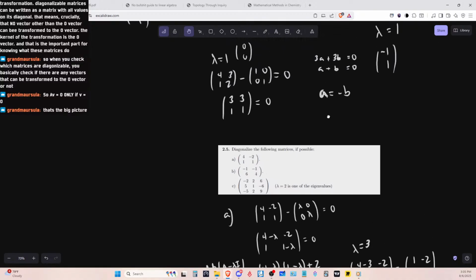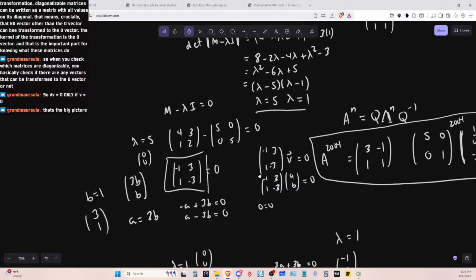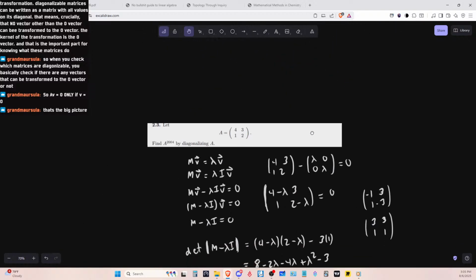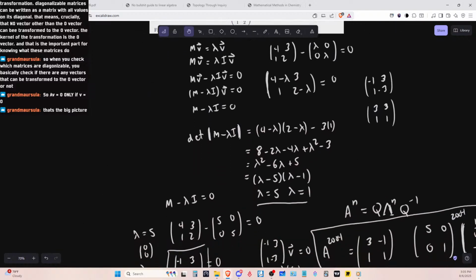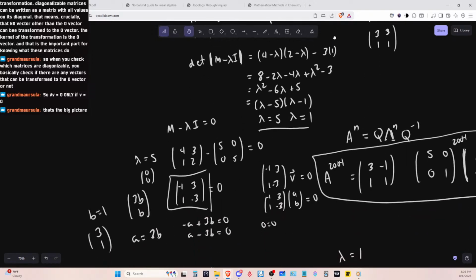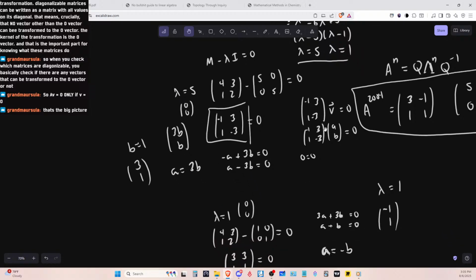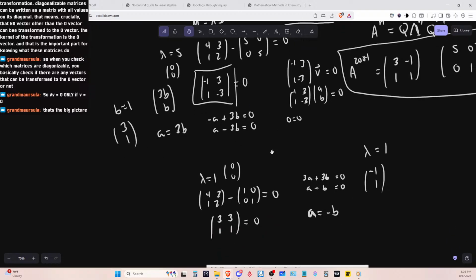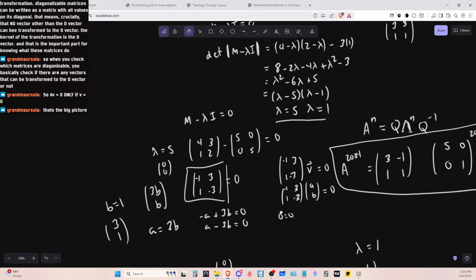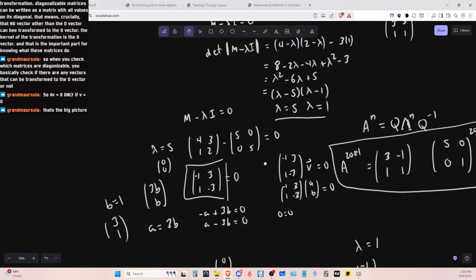I know it was here somewhere. Not this one. Oh yeah, this one. This one basically had a lot of terms that crossed out, and I couldn't write a vector for it. But then again, they all equal 0, which fits.